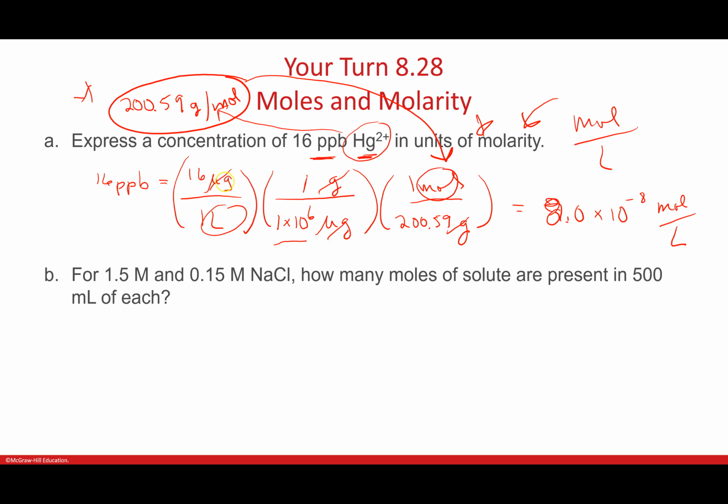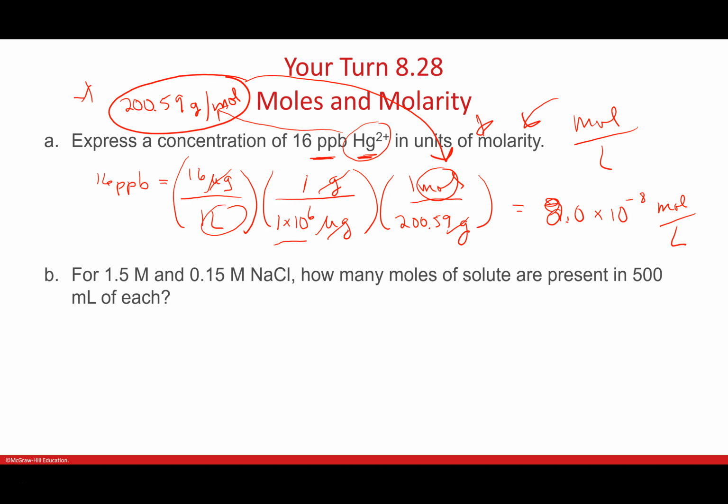Because my micrograms cancel, my grams cancel, and I have moles in the top and liters in the bottom. It's true. Since they answered your question, that's the answer.